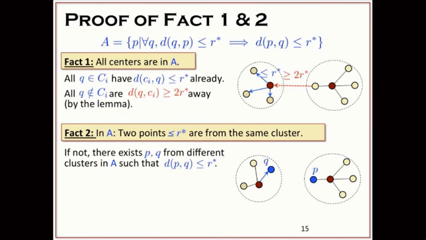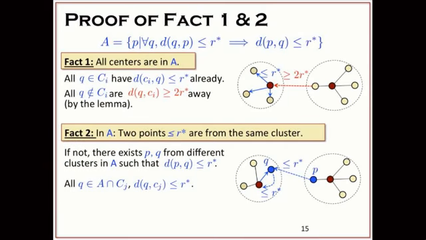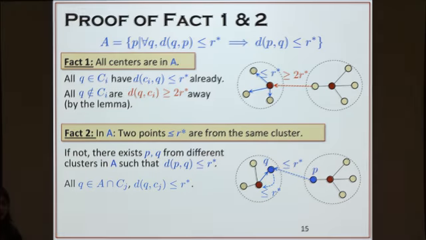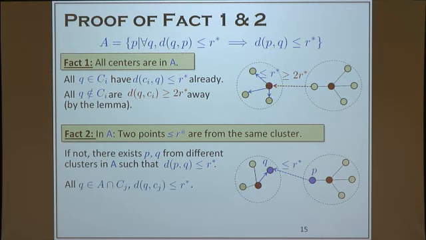Fact 2 says that if you're in set A, and if you're within r star of each other, you're both in the same optimal cluster. Assume not. So we have a P and a Q, such that they're within distance r star from each other, but they're in two different clusters. So then, starting from P, going to Q, I'm paying a distance of r star. What about starting from Q going to the center?